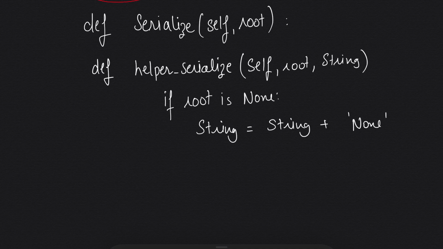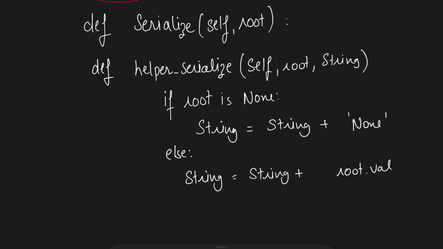What next? If we have some value associated with our root, then else, our string will be string plus value of root. But we need to take care of one thing here. It should be a string value, not an integer.